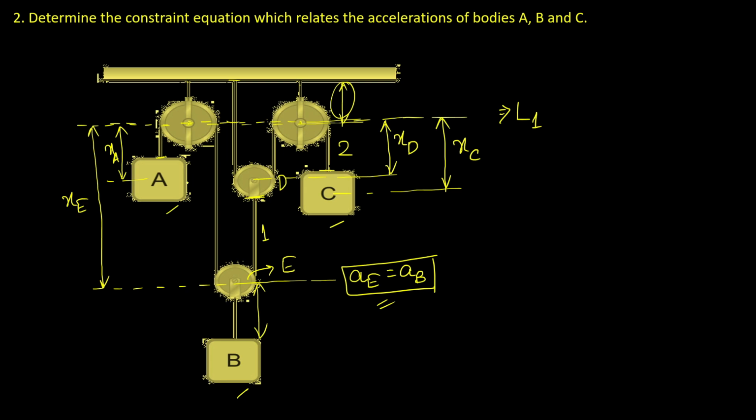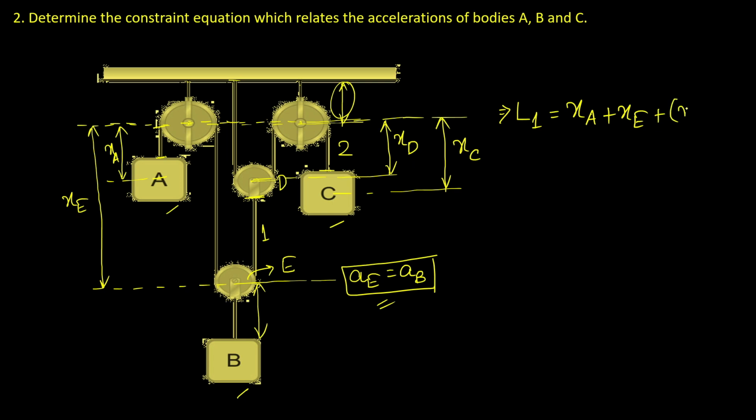And that will be what? First of all, this XA from here to here, then this XE from here to here, plus this one from here to here. And what will this be? This will basically be XE minus XD, because this is pulley D, this is XD, this is XE.